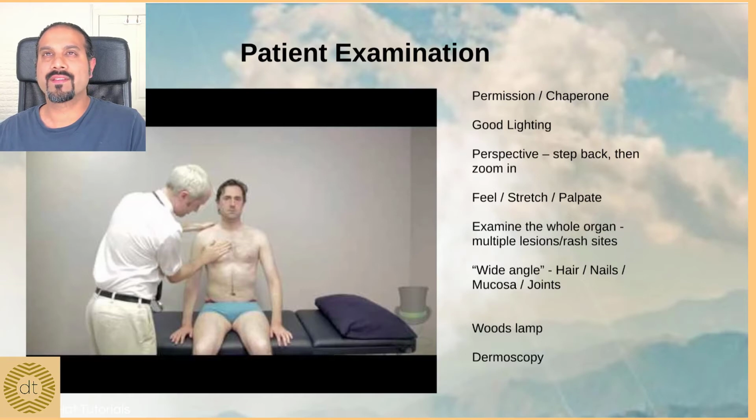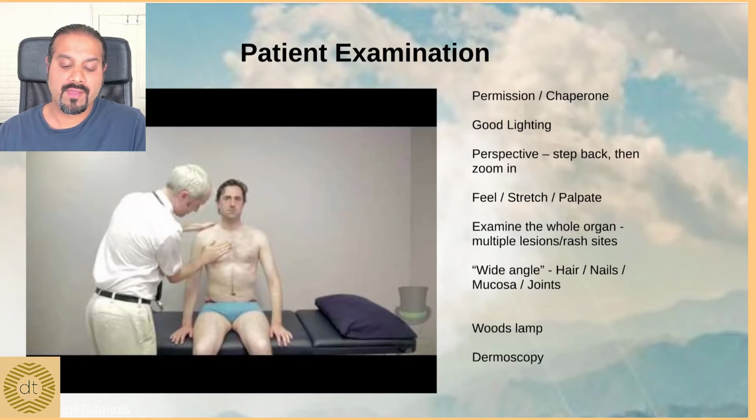And also have a wide-angle lens approach to your examination. Don't just examine the skin. It's also important to look at the patient's hair, scalp, looking at their nails, and the mucosal surfaces as well. So inside the mouth as well gives you some clues. So for example, there's a condition called lichen planus, where you can see Wickham striae in the mouth.